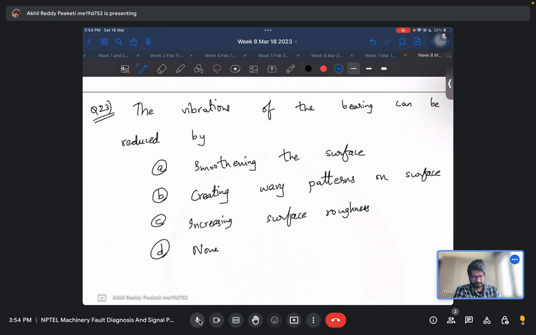Next question. The vibrations of the bearing can be reduced by. So why actually are the vibrations in the bearing produced? How?